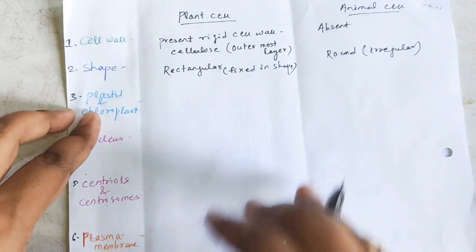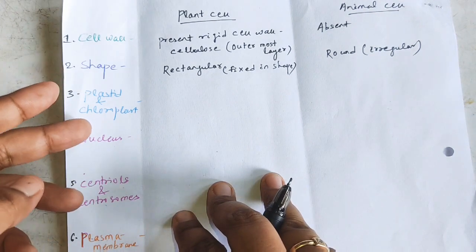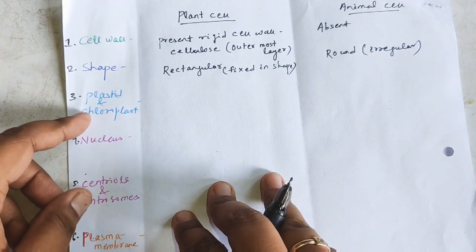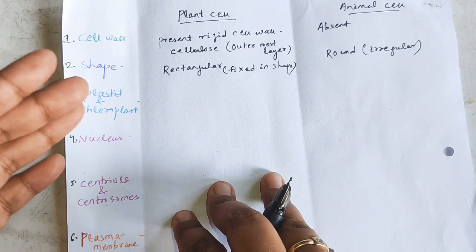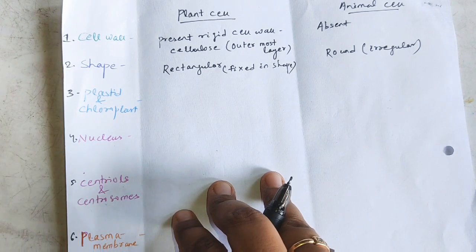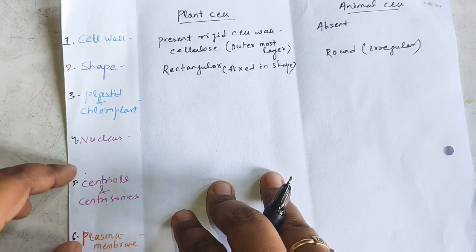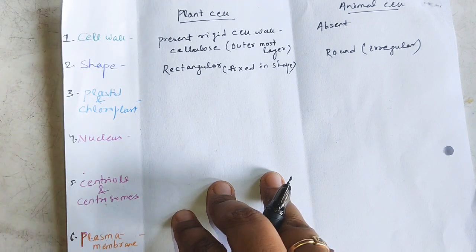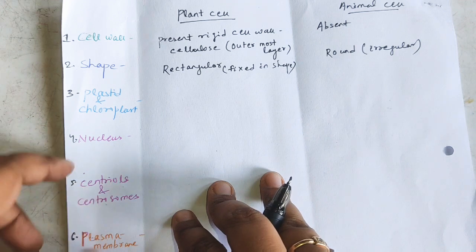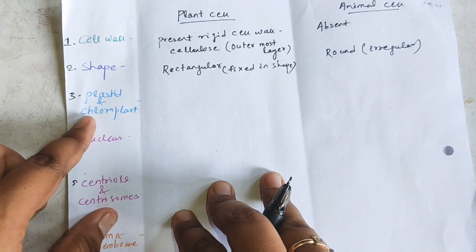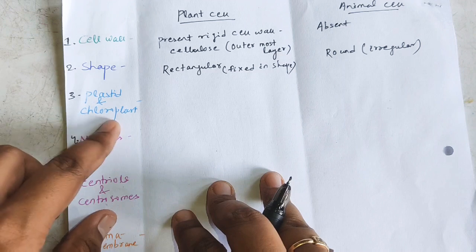Now come to our plastid. So plastid and chloroplast are cell organelles. Inside the cell, the subcellular particles which are present are called cell organelles. So first one is plastid and chloroplast.